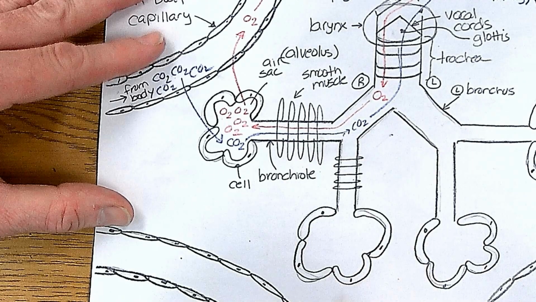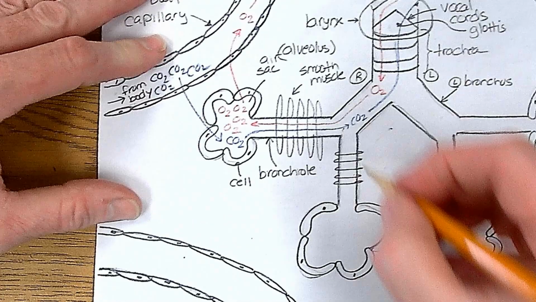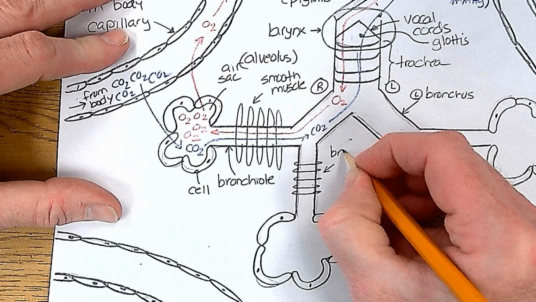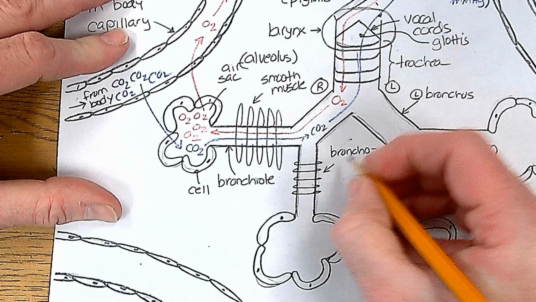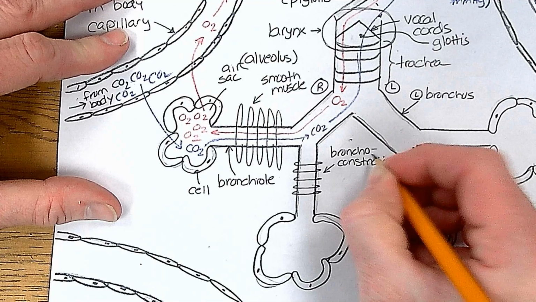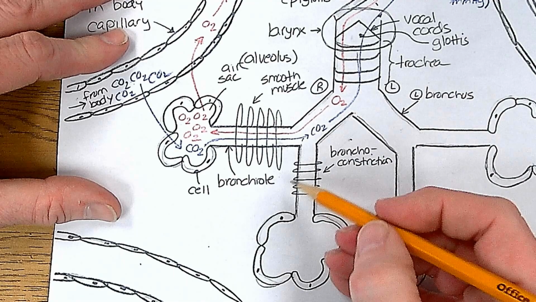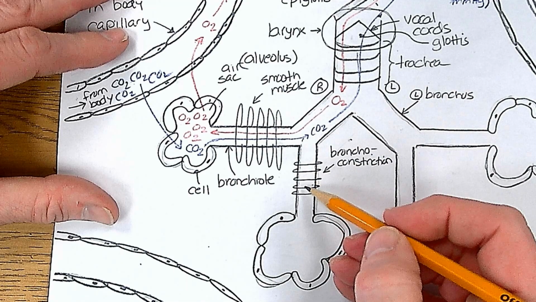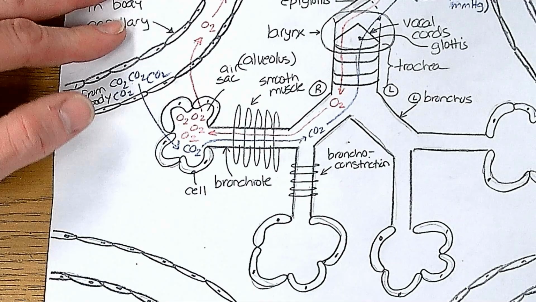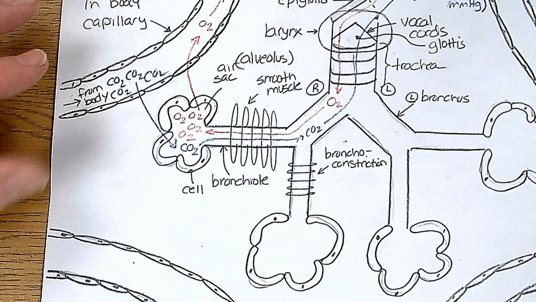Very, very tight, okay? We call this bronchoconstriction. And that is because the smooth muscle has constricted, and is now impeding airflow through this bronchiole here, okay?